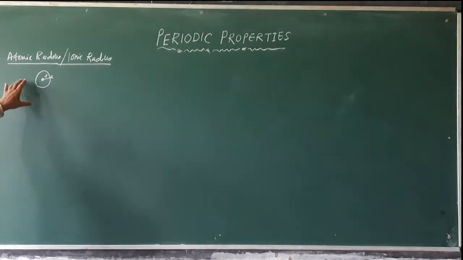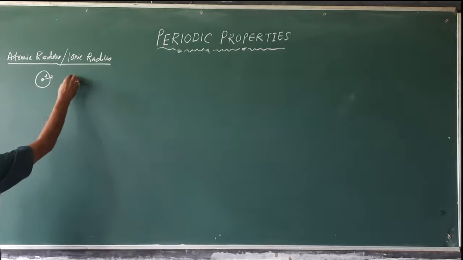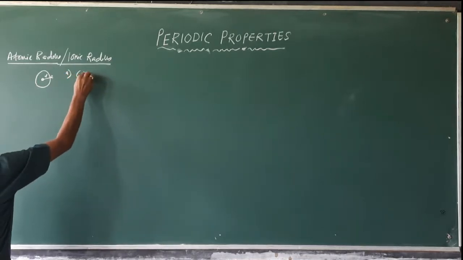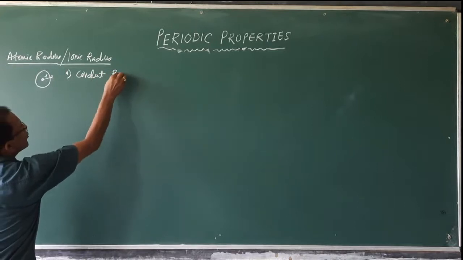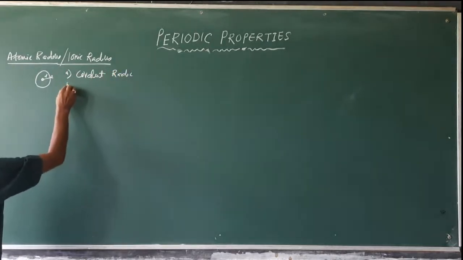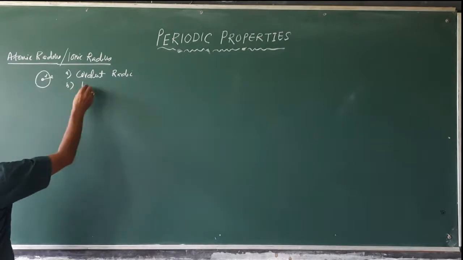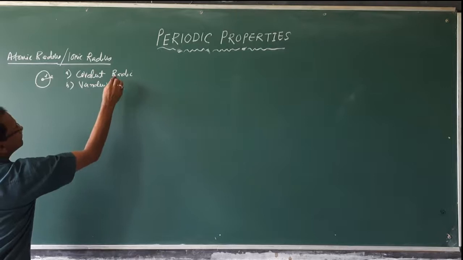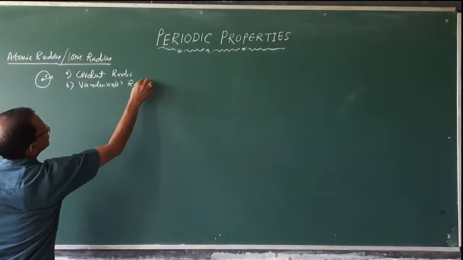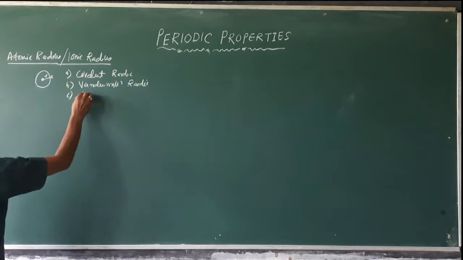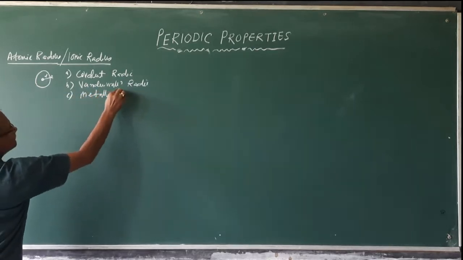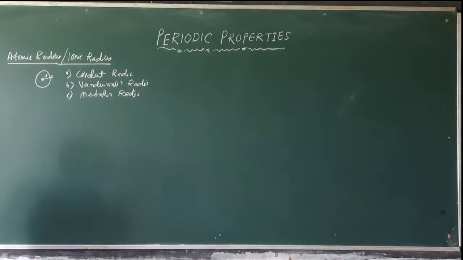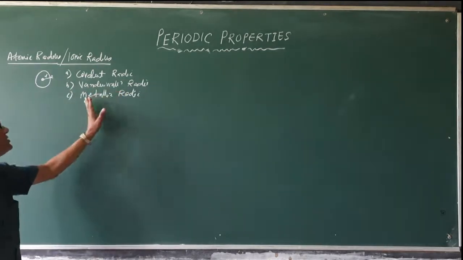There are different types of atomic radius. You will read in higher class. That is covalent radius, Van der Waals radius, and metal radius.